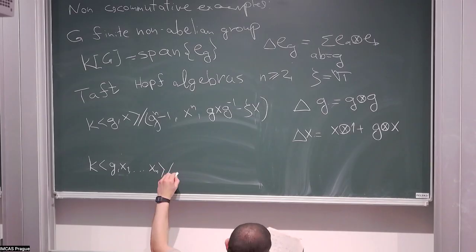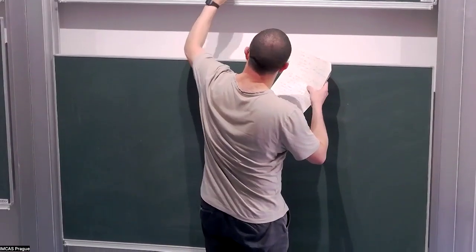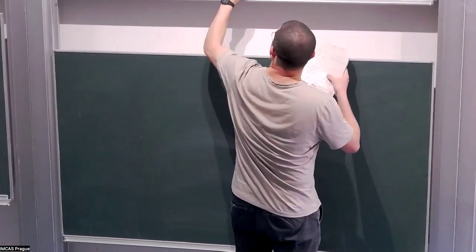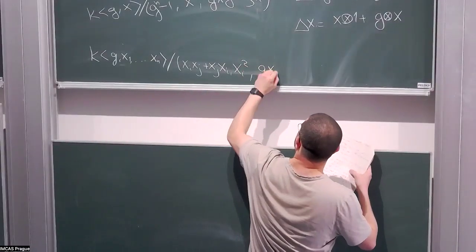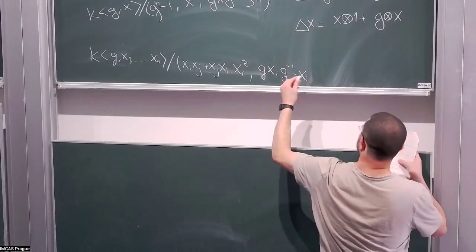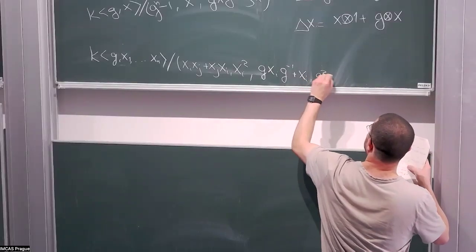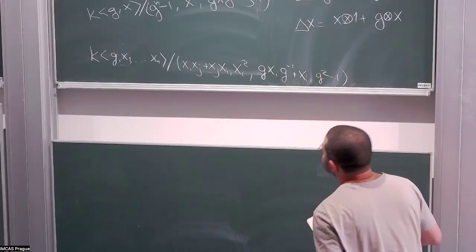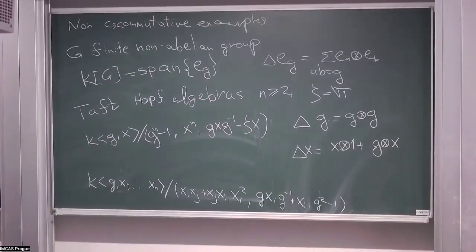And they satisfy the following relations: xi xj plus xj xi should be 0, xi squared should be 0, G xi G inverse plus xi, sorry, and what else? G squared minus 1. And again, we have more or less the same formulas for the coproduct.